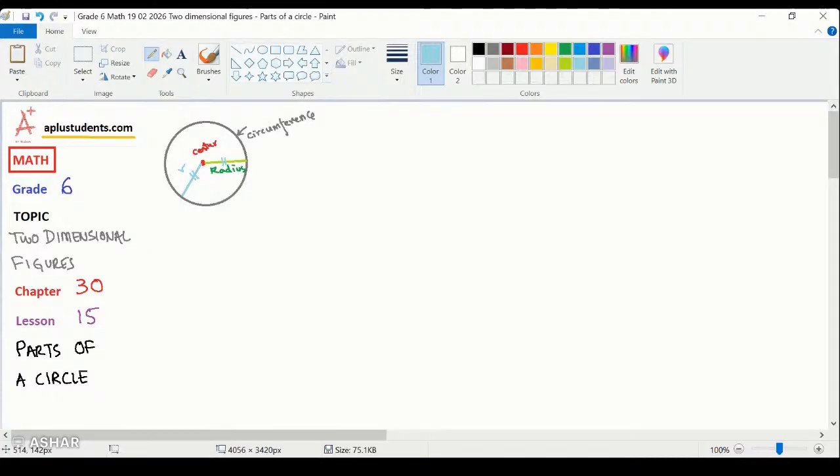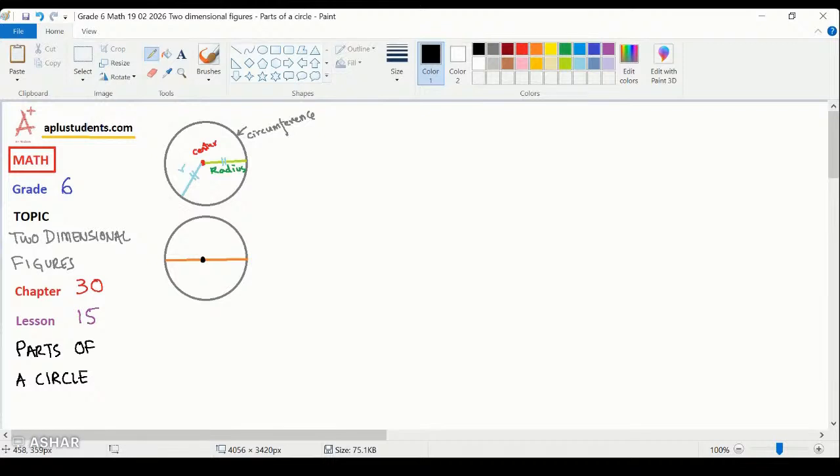Let's look at what would happen if this length goes from one side of the circle to the other side, passing through the center. If we have a circle and a line that is passing through the center, we can say we have two radii over here.